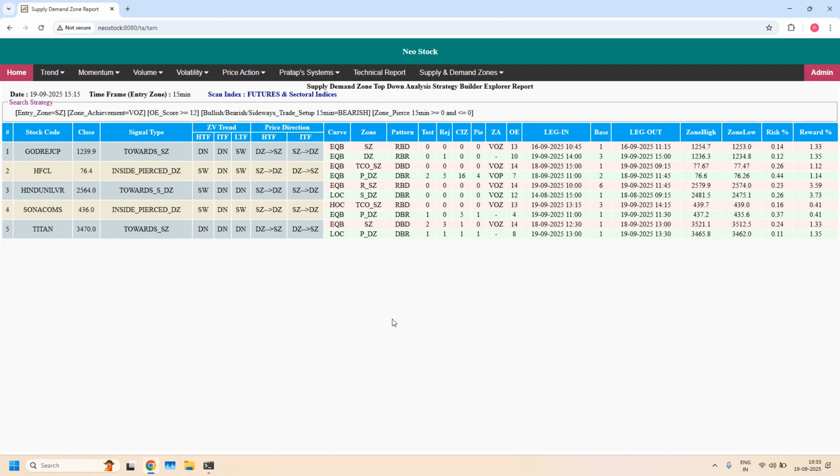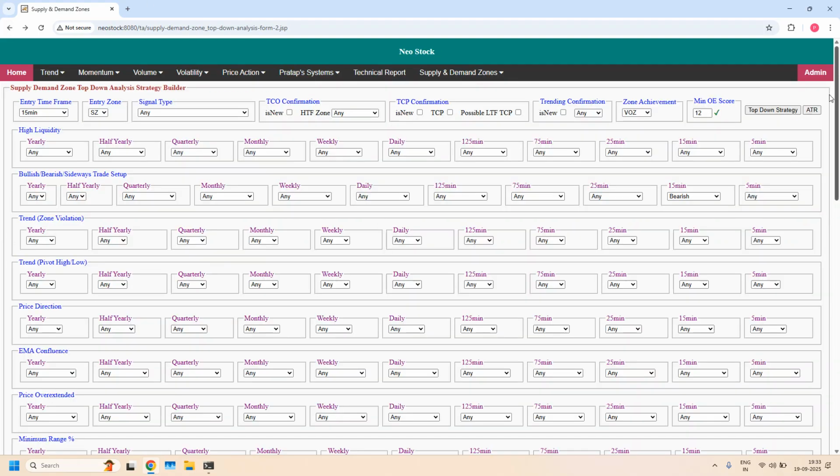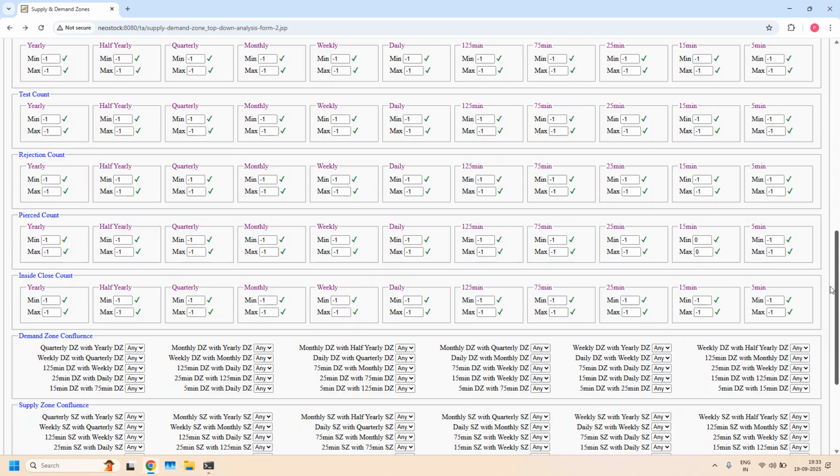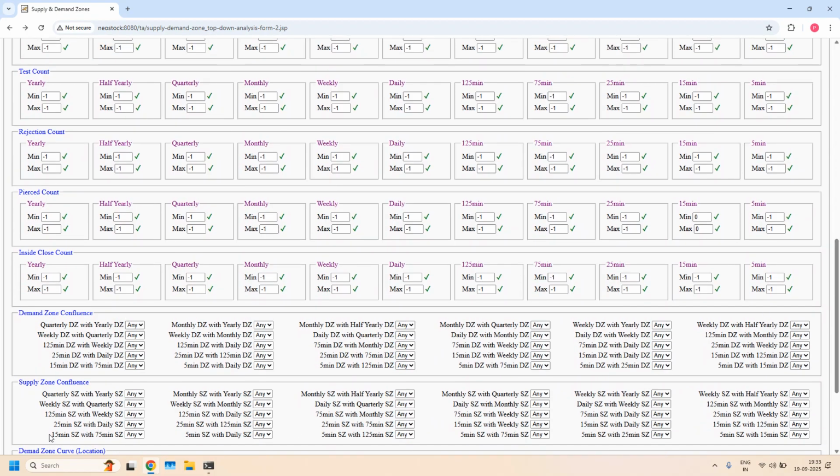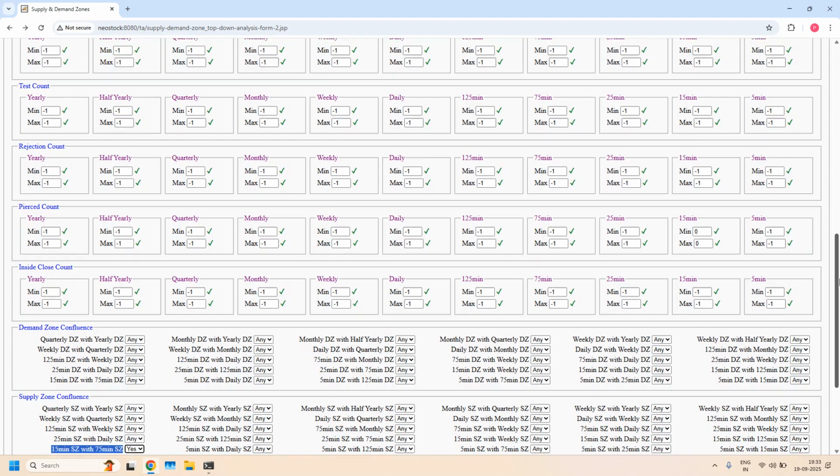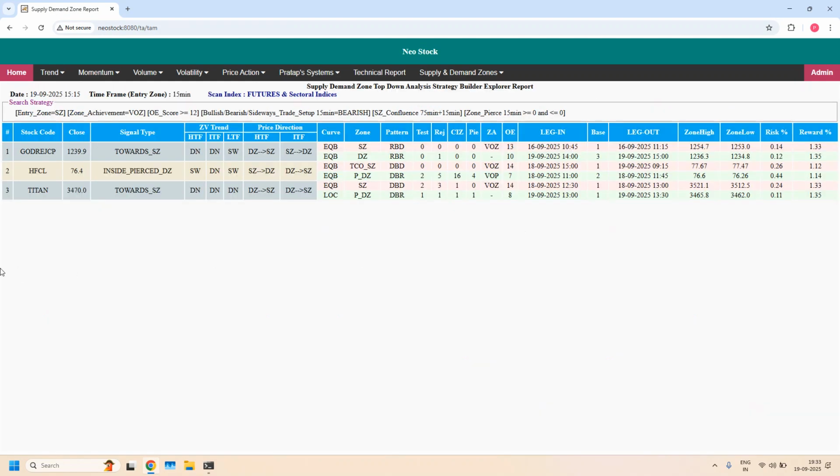The first filter is LTF and ITF supply zone confluence. Let us apply that filter on these 5 stocks. In the supply zone confluence, I am enabling 15 minutes and 75 minutes supply zone confluence, and applying on the 5 stocks, we got 3 stocks filtered. In all 3, these 15 minute supply zones are overlapped with the 75 minute supply zone, and the 75 minutes trend is a downtrend.